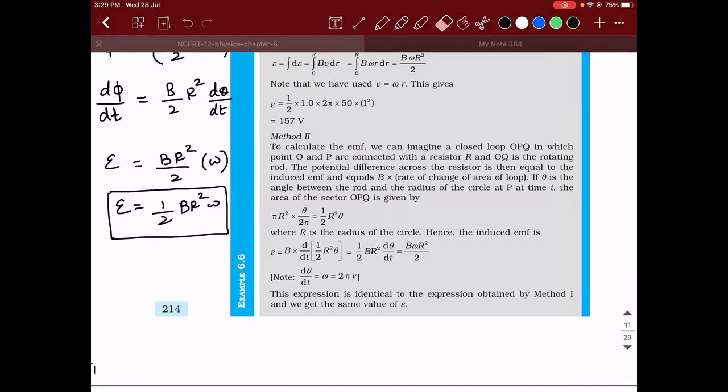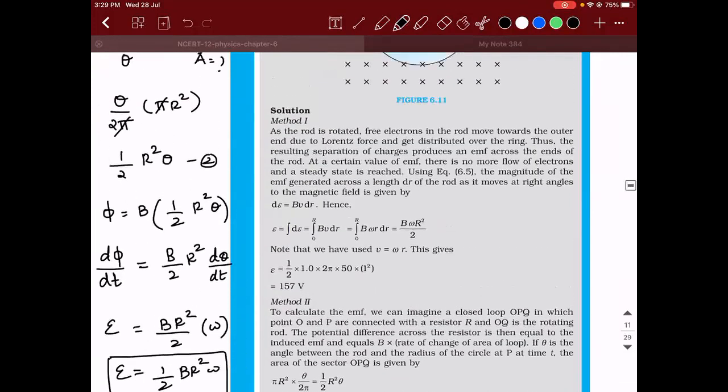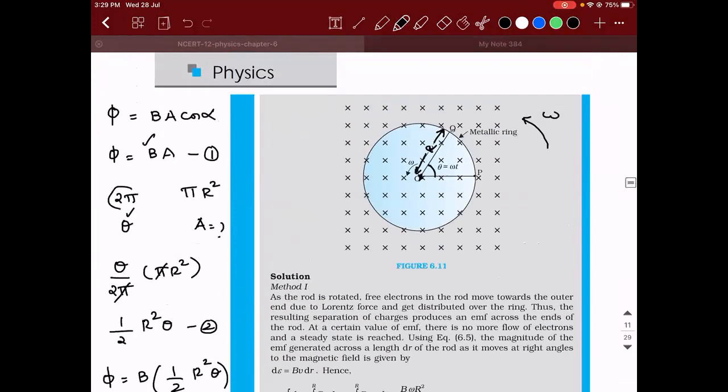Sir, could you explain the theta alone, sir? That theta by 2 pi into pi r square. Okay, 2 pi radians means one complete revolution, 360 degrees. But here angles should be measured in terms of radians. So 2 pi radian will cover an area of pi r square. But when the metallic rod, observe the diagram now, has swept an angle theta, how much is this area?